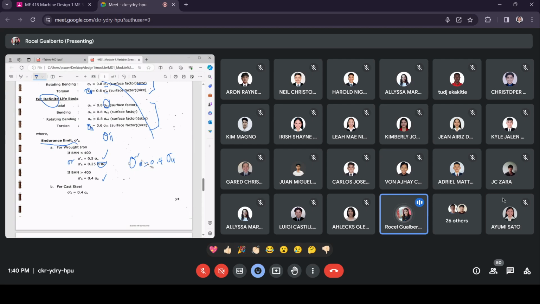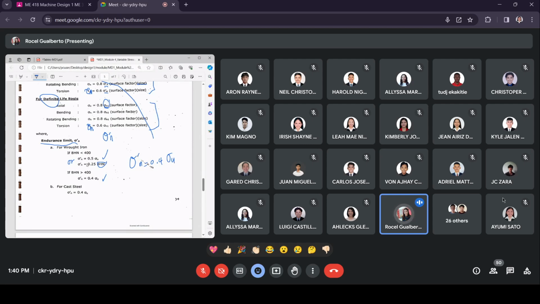Again, let me reiterate. First, you look for the classification. Look at the design table if there is a particular classification of the codes given. The second one, if classification is not given, then you look for the BHN value.